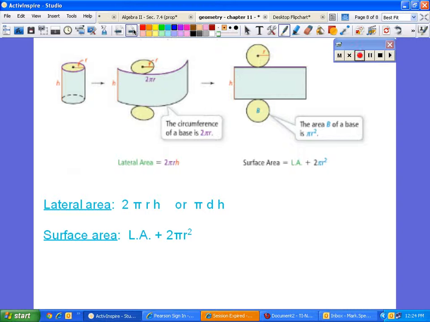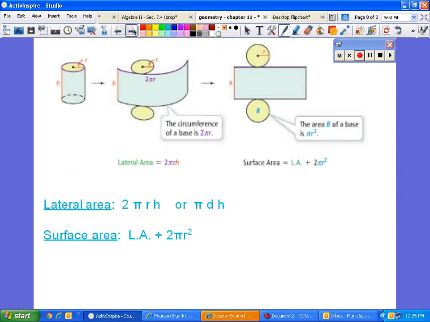So to find the lateral area, how did we find the lateral area of a prism? The perimeter times the height. Now, when we're dealing with a circle, we can't find the perimeter of a circle.